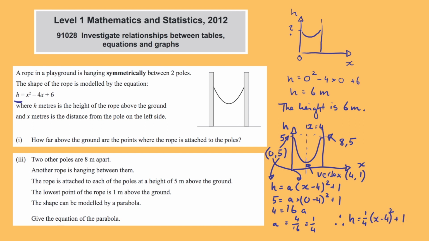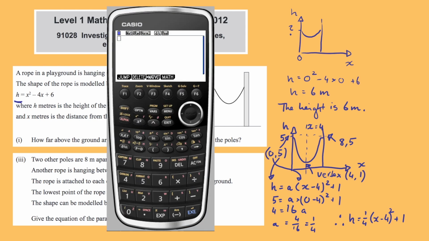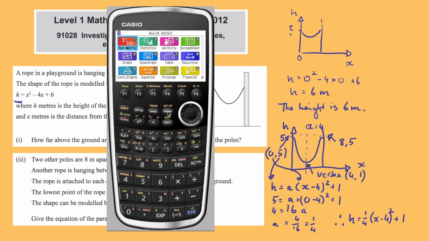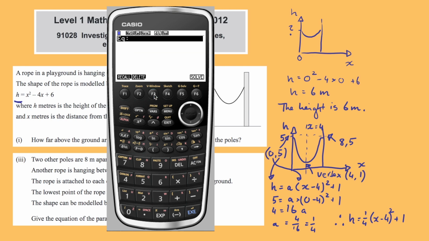This solving equations business is something that you can actually use your calculator for, and it's worth practicing this. If you're fine solving equations algebraically, you can always do that, but if you find this a little challenging, use a graphics calculator. This is how it works. Click Menu, Equa for equation. This should be an 8 for you. Then F3 for solver.